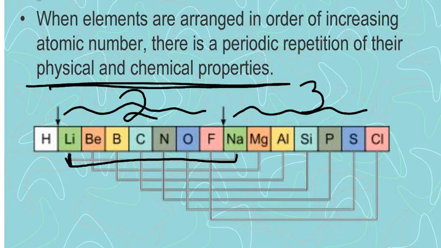The first element, lithium, the first element, sodium, they're both metals. The second element, beryllium, and the second element, magnesium, they're also metals, and they have more in common with each other than they do with sodium or lithium. So we see that all of these elements that are connected share the same chemical properties.